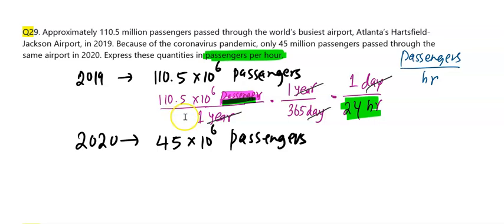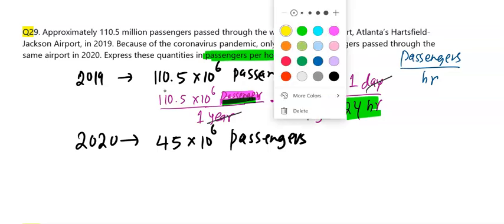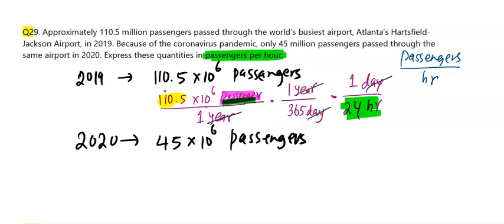So let's do the math here. This 110.5 is on the top, 365 in the bottom, 24 in the bottom. So you divide 110.5 by 365 and divide by 24 again.